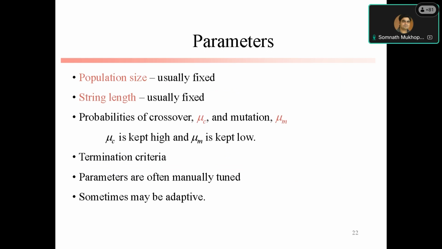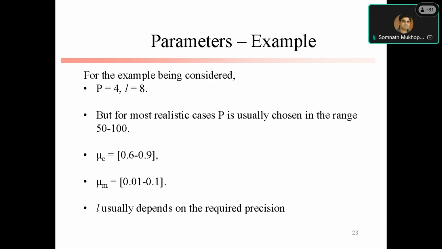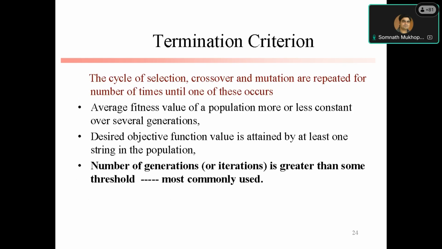Okay, so the parameter set: these are the parameters which are user supplied. Population size, the chromosome length, the probability of crossover, the probability of mutation, and the termination criteria, that is, when to stop the algorithm running.